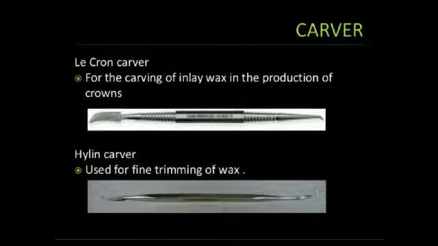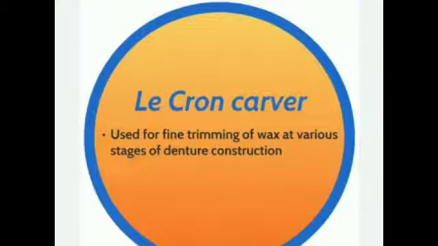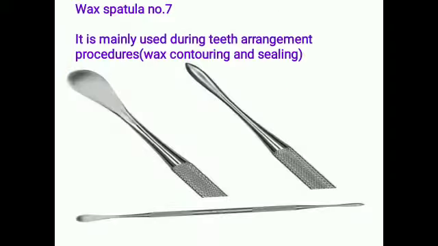Le Cron's carver for the carving of inlay wax in production of crowns. Hollenback carver is used for fine trimming of wax. Le Cron carver is used for fine trimming of wax at various stages of denture construction like carving, teeth arrangement, everything.